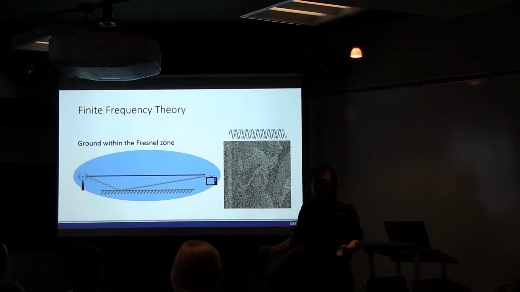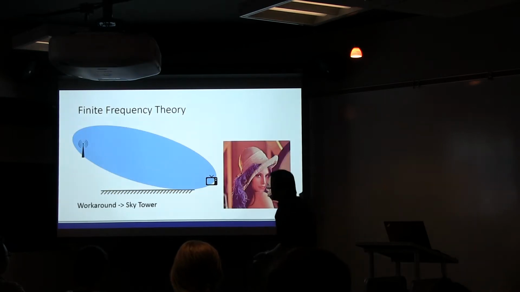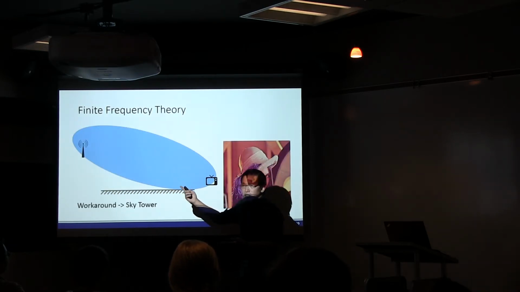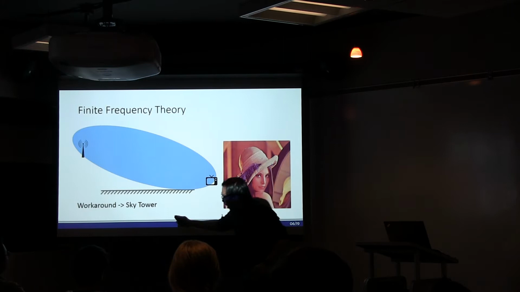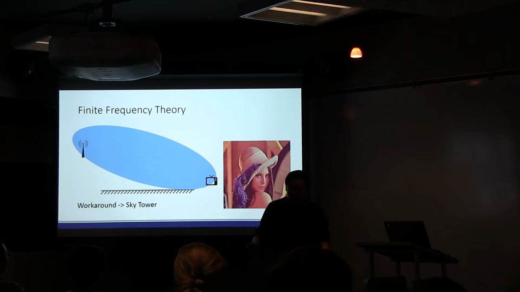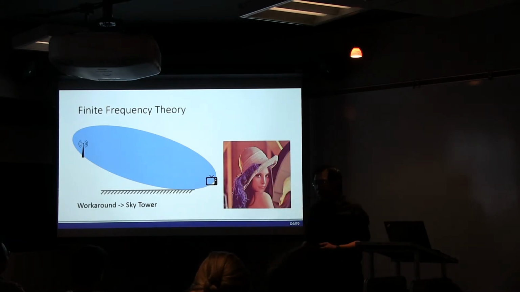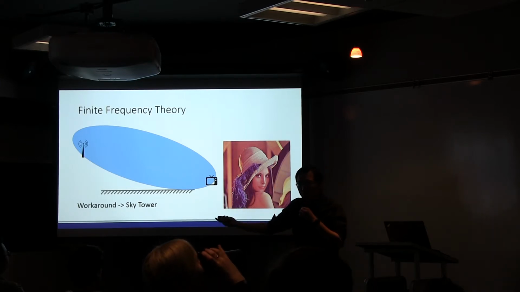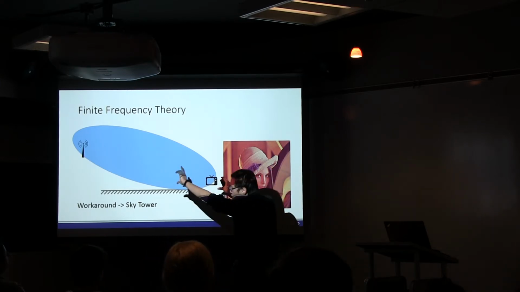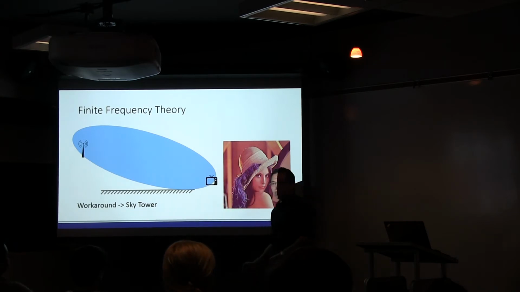And of course, obviously, moving the ground is too heavy. So the workaround is to build a transmitter that is high enough to avoid this ground reflection. And that's the reason why we have the Sky Tower that is extraordinarily tall: not to clear the ray path from other tall buildings, but to clear the entire Fresnel zone from the ground.